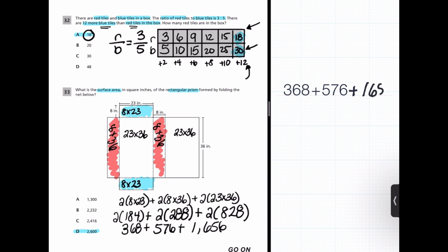Plus 1,656. And I'm just triple checking to make sure that it has all my numbers written down. 368, 576, 1656. Awesome. And that is equal to 2,600, which is our answer over here. Hit pause and jot this down so you have it as well. And let's go to the next one.